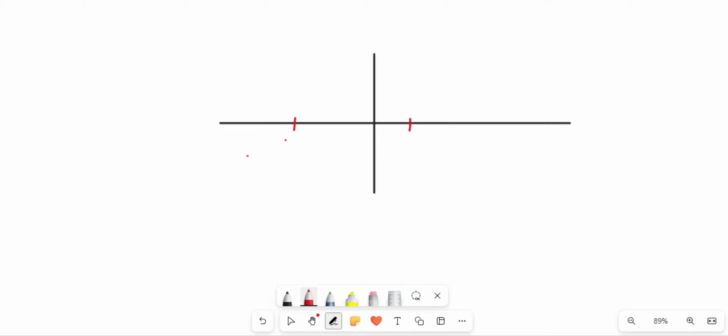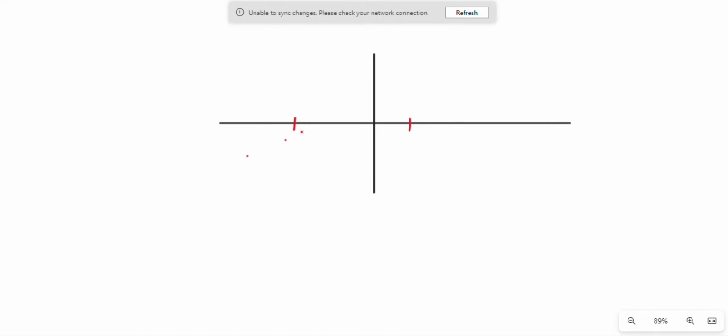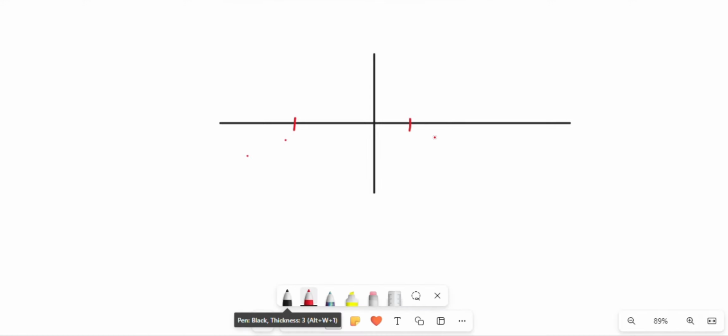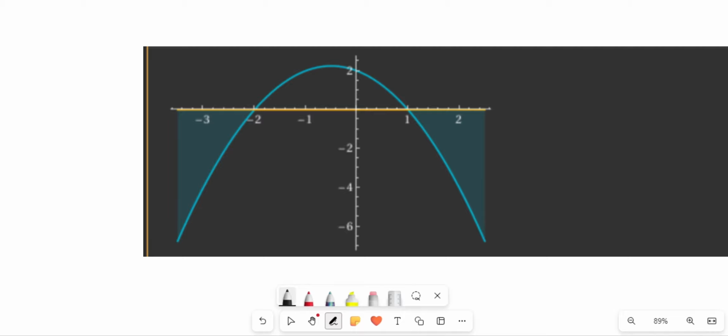So okay, let's go and check our graph again. If you multiply -x and +x, it's going to be what? -x squared, meaning our graph is a sad graph. So we need to come here. Here, don't forget it's -2, here it's 1. So a sad graph, meaning our graph is going to be like this. Okay guys, I hope you will understand. I'm just using my mouse, I don't have a notepad. So this is the shape of the graph.